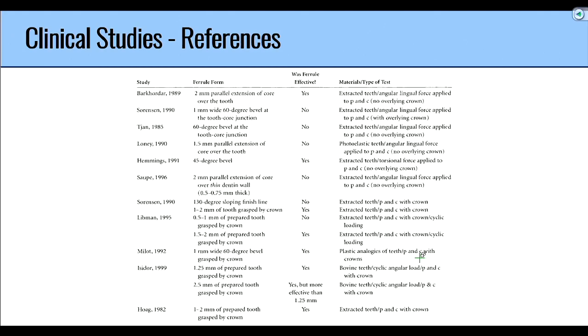Okay? So that's just another principle to remember, is that if you don't have adequate ferrule, think about the direction of force that that tooth or that crown may dislodge from. Do you have enough there? Because that's the most critical wall to have. Okay?